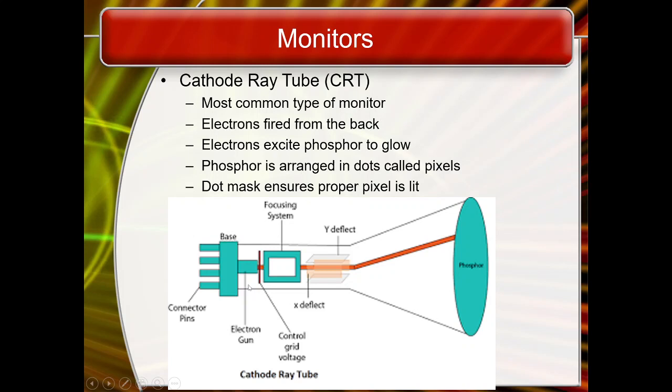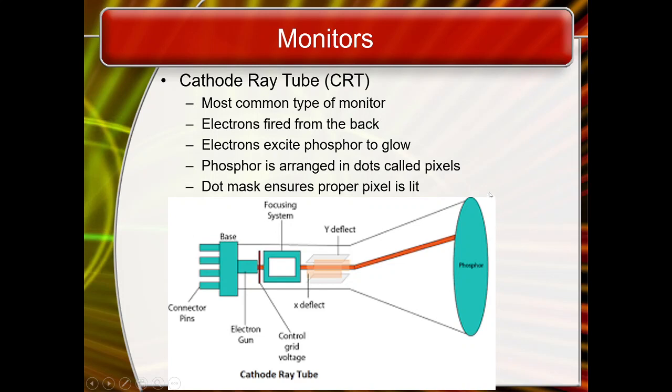Here is the electron gun, and this electron gun basically throws electrons on this output screen that is coated with phosphorus, and this is the magnetic field. This is Y deflect and this is X deflect. And here is the focusing system which focuses the electrons so as to display on the screen our required output.